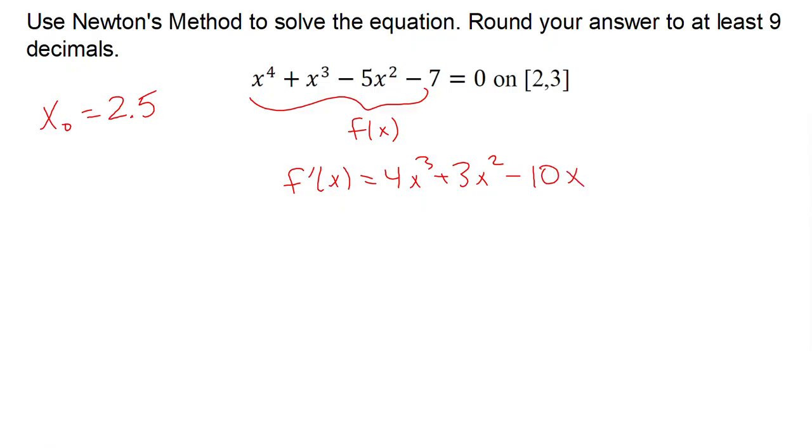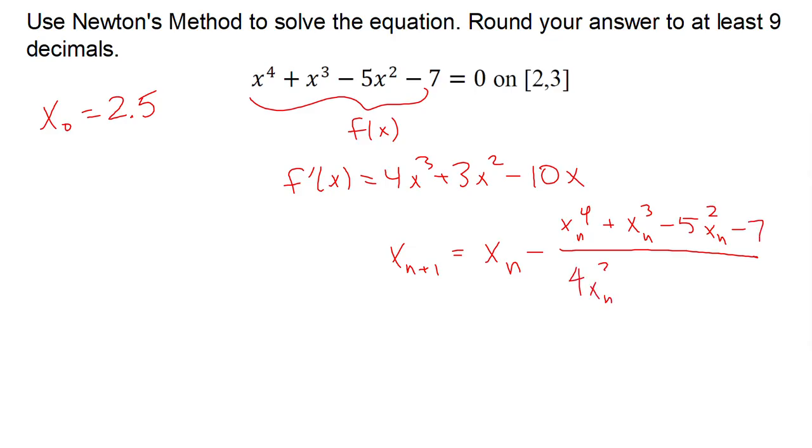And so our formula that we'll use will be x sub n plus 1 is equal to x sub n minus x sub n to the 4th plus x sub n to the 3rd minus 5x sub n squared minus 7 over 4x sub n cubed plus 3x sub n squared minus 10x sub n.